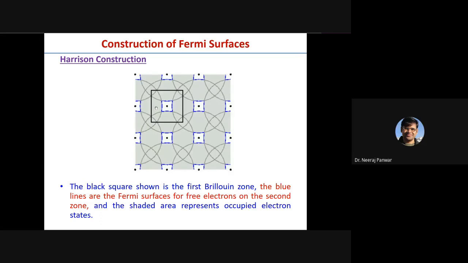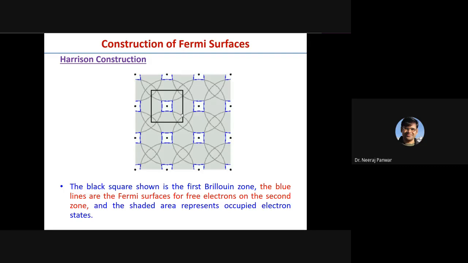Then we construct all the spheres around each lattice point, and the blue lines are the Fermi surfaces for free electrons in the second Brillouin zone, and the shaded area represents the occupied electron states.